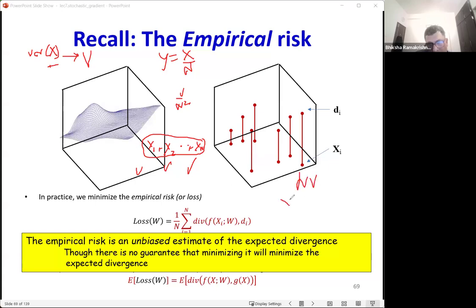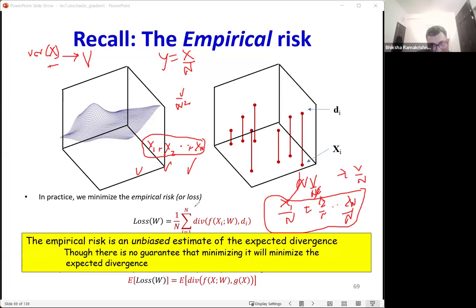So what if it's x1 over n plus x2 over n, all the way to xn over n? What is the variance of this one? It's going to be n times, but each of them is locally v over n squared. So the n squared and n will cancel. This is v over n, right?